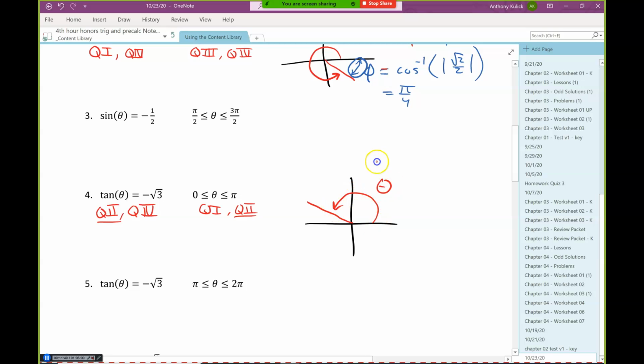The relationship between theta and phi is that theta is pi minus phi. And since phi is a triangle angle and not an angle of rotation, I can find that by just looking at the tan inverse of the positive version of tangent. And if I go to my unit circle, I'd find that's pi over 3.